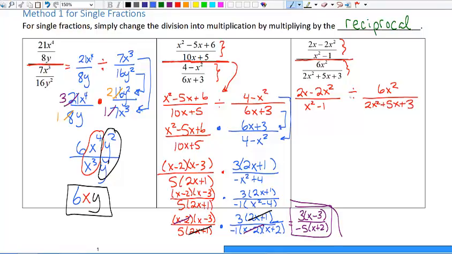Now I don't like dividing fractions, so I'm going to change that into a multiply by taking the reciprocal of the second fraction. And the first one stays the same. Now notice that the numerator is in the wrong order, so I'm going to rearrange that to be in the right order. So that saves me a step here when I go to the next step to factor.